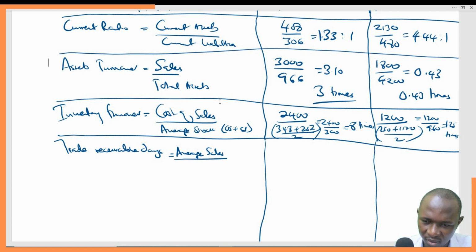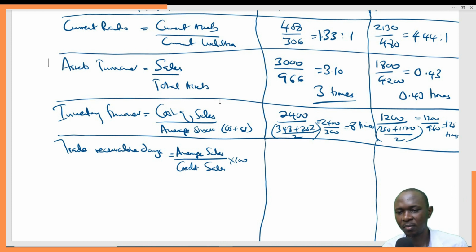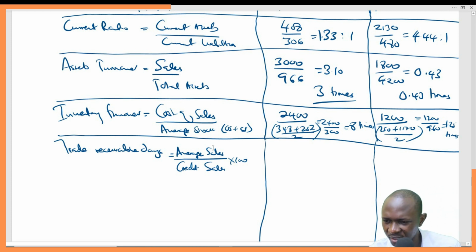If we were talking about payables, then it would be average purchases, but this is receivable. Receivable has everything to do with sales and debtors.